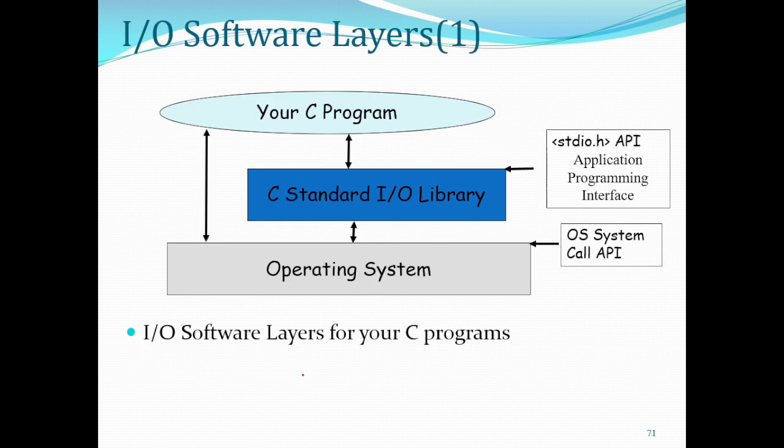Okay, so for C, by using standard IO library functions, we are able to reach files. So we are able to use standard C functions, and those are basically the standard IO functions.